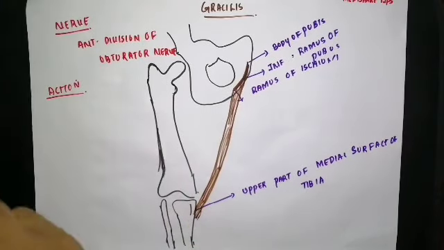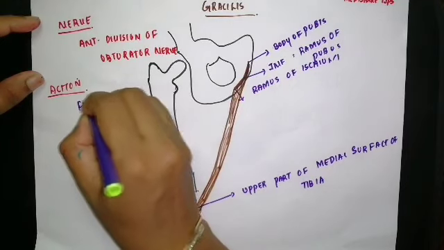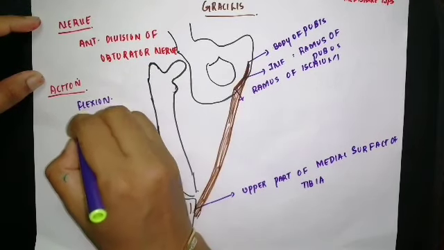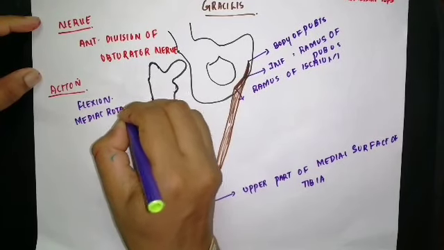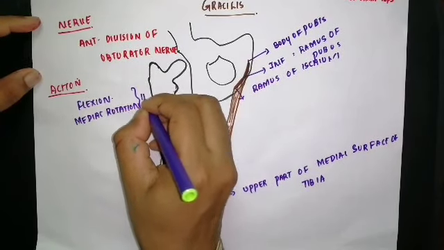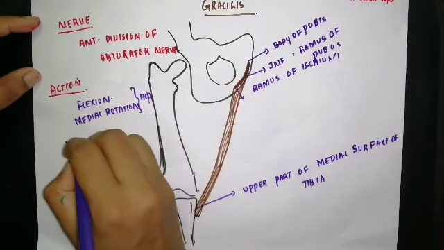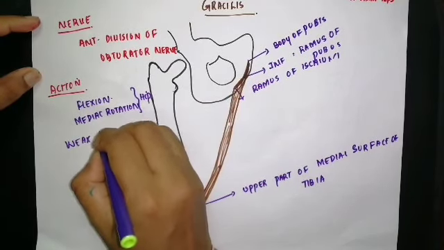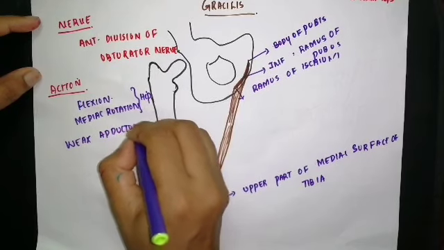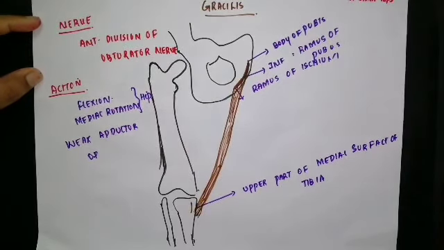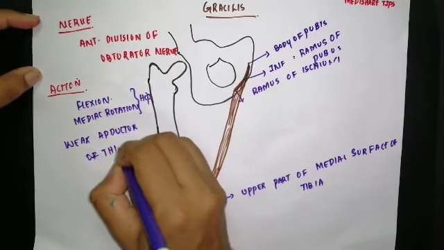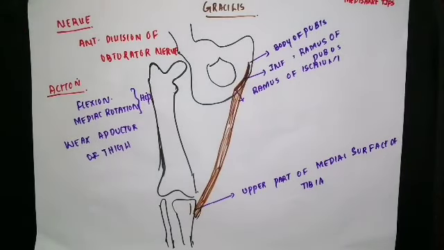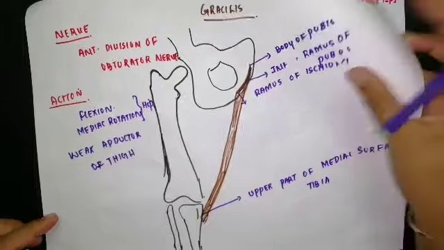It also carries out flexion, medial rotation at the hip joint, and it is also a weak adductor of the thigh. So being a muscle of the adductor compartment, it also helps in adduction, but it's a weak adductor of the thigh. So its action is adduction, medial rotation and flexion of the thigh at the hip joint.